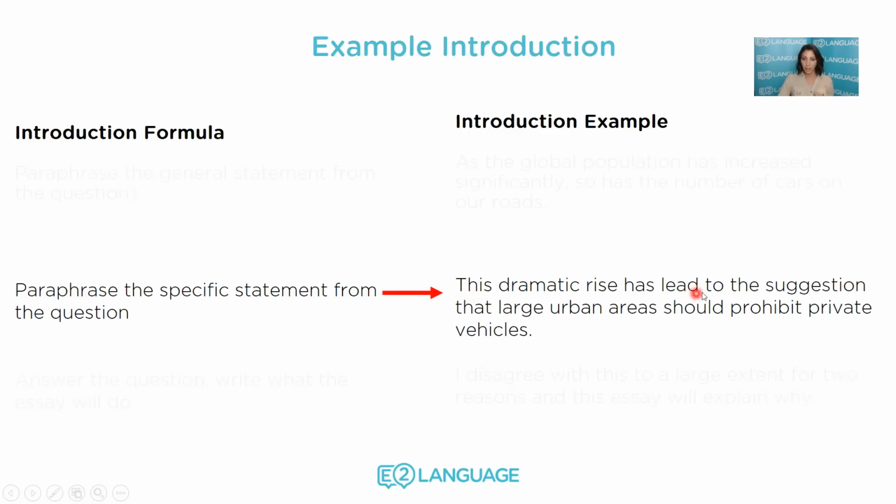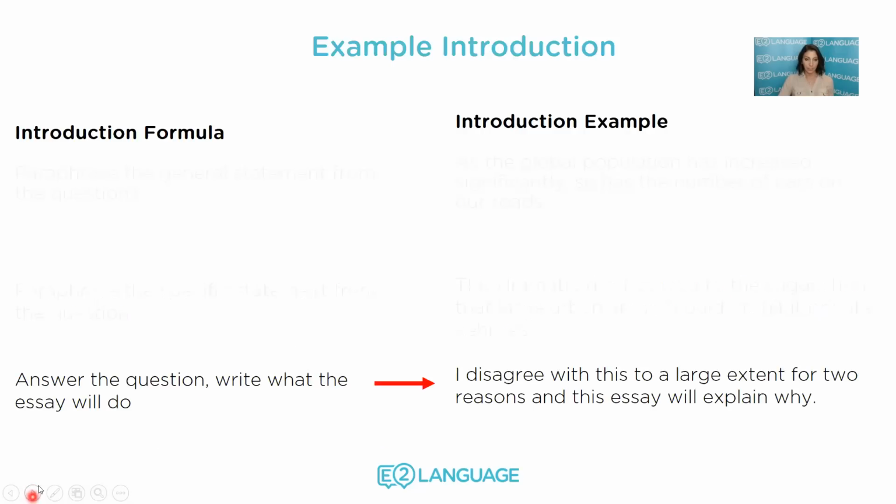This dramatic rise has led to the suggestion that large urban areas should prohibit private vehicles. And I've used synonyms here. The question said city centres. I've said urban areas. The question said ban. I've used the word prohibit. So I've used synonyms to express the same idea.